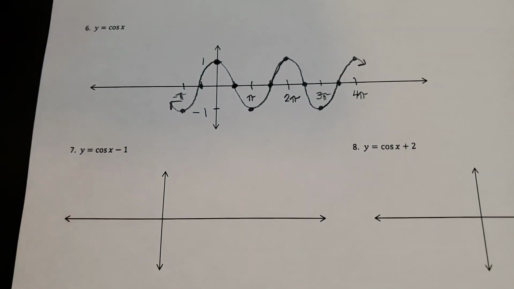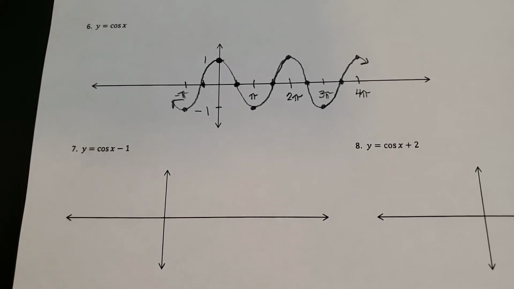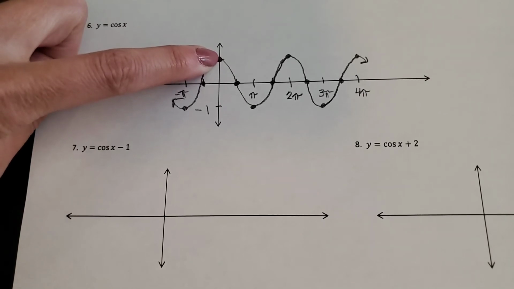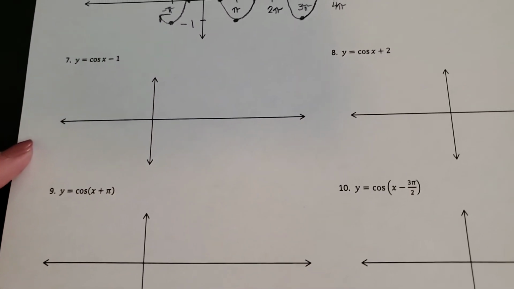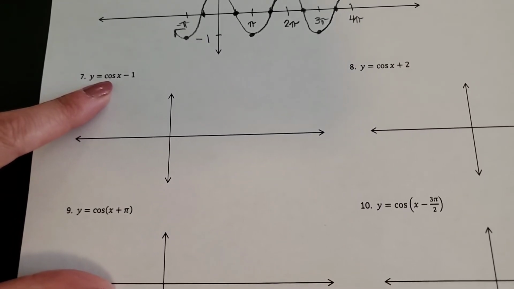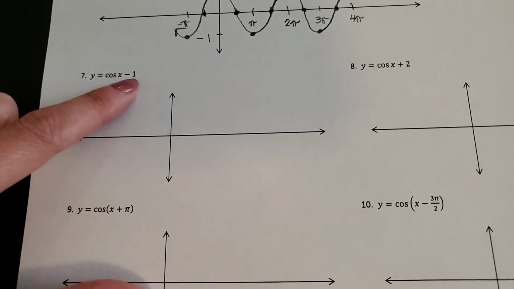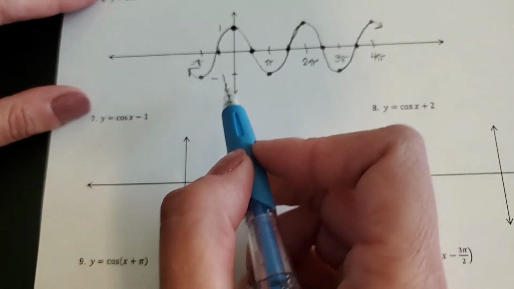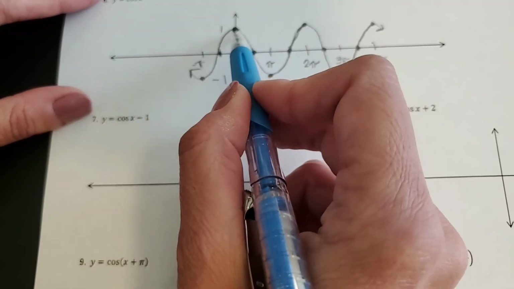The only difference between sine and cosine is where it begins. Cosine begins at a maximum. So on these examples here, what's happening? Cosine is shifting down 1. So if I'm scaling, I was going between -1 and 1.